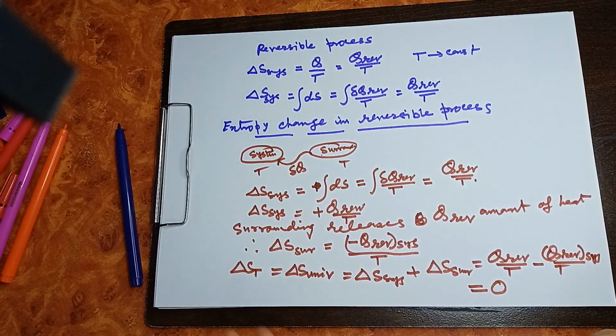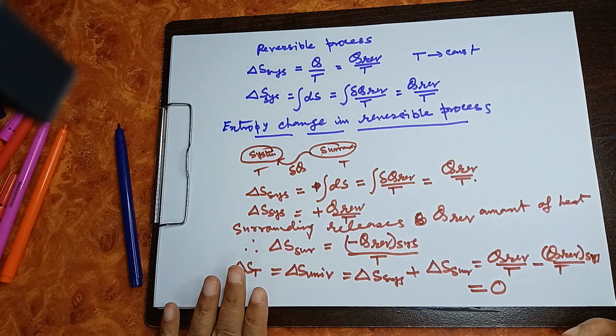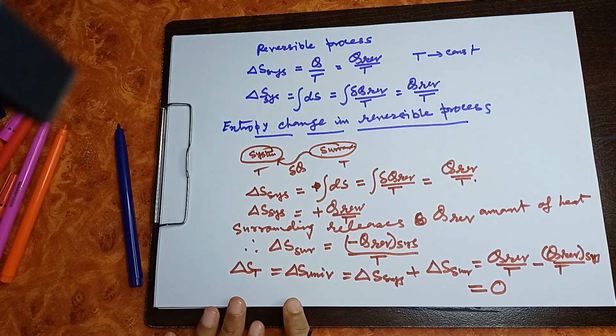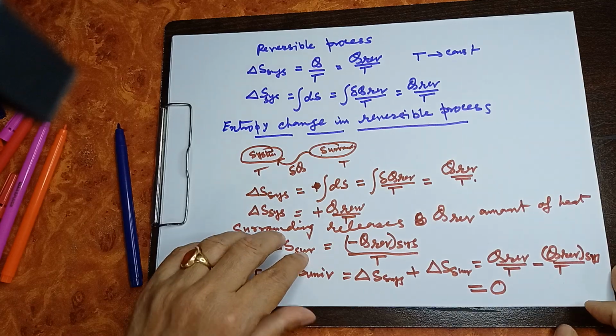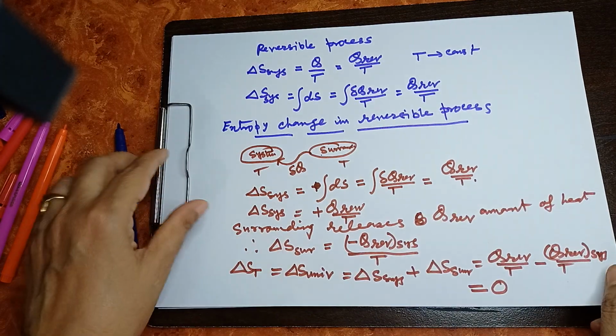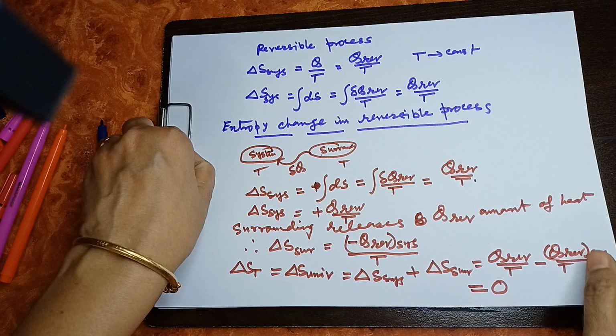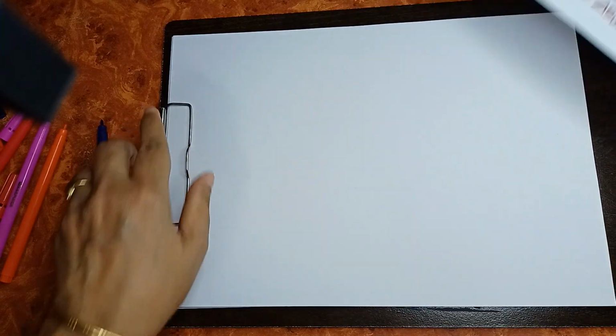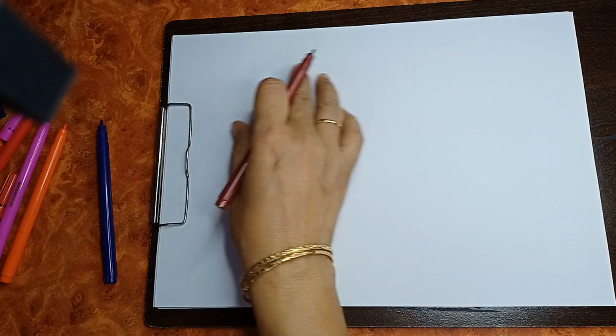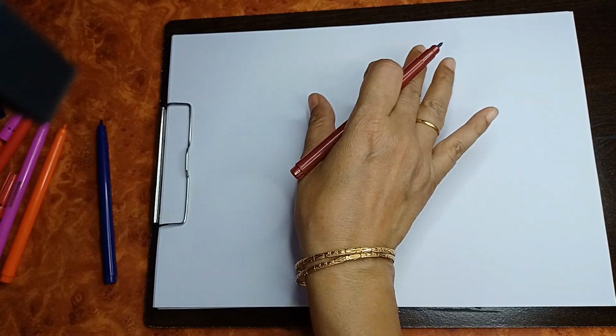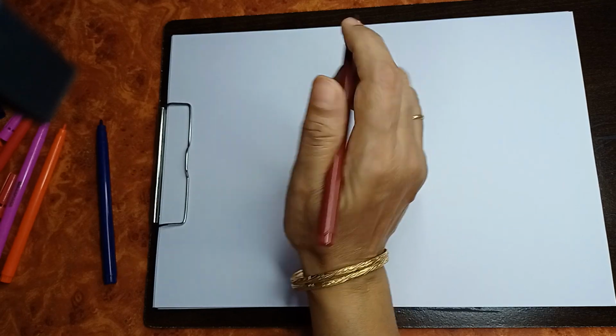So the total entropy change, that means the entropy change of the system and surroundings together, in a reversible process is 0.